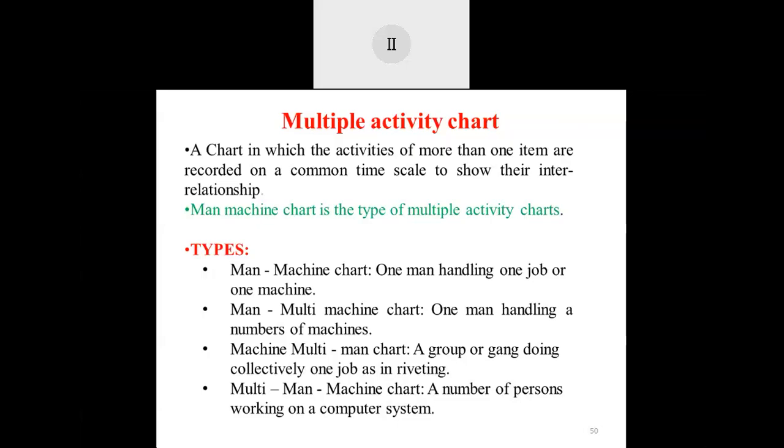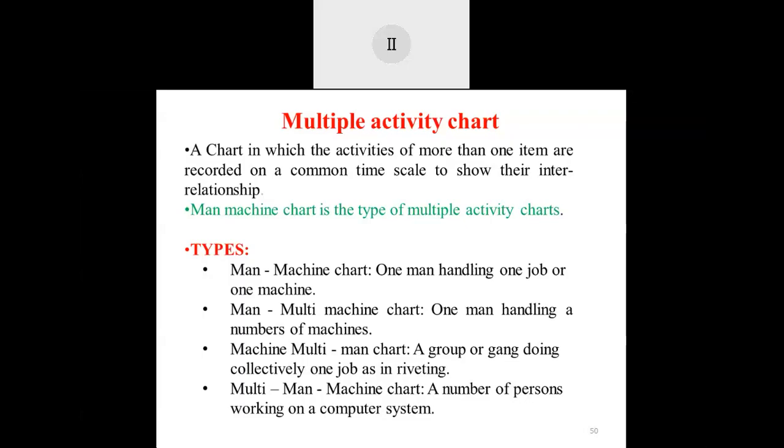So that is called a man machine chart. Then the man multi machine chart. Here one operator, one man, is operating multiple machines. More than one machine he is handling, or more than one job.